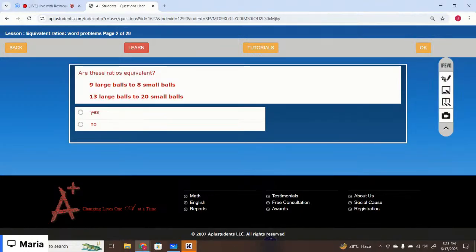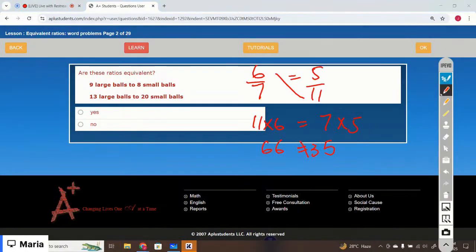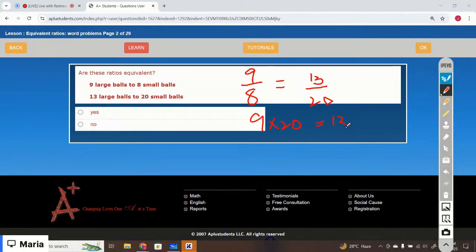Are these ratios equivalent? 9 large girls to 8 small girls. That is 9 to 8. 13 large girls to 13 to 3. So 9 times 20 and 13 times 8. 9 times 20 is 150 and 13 times 8 is 150.